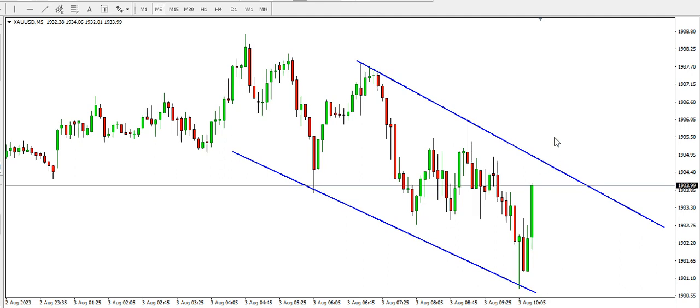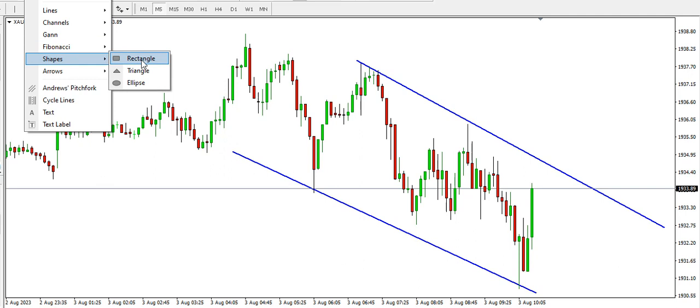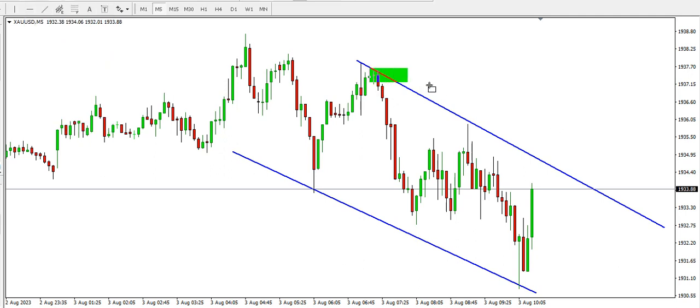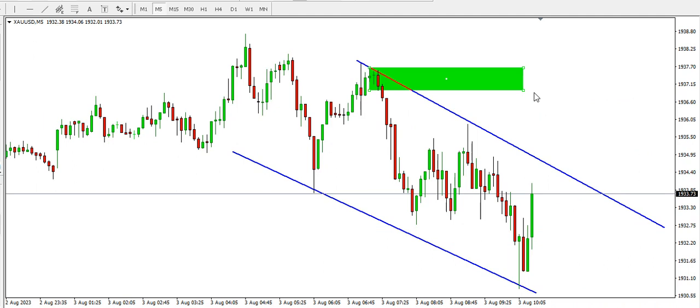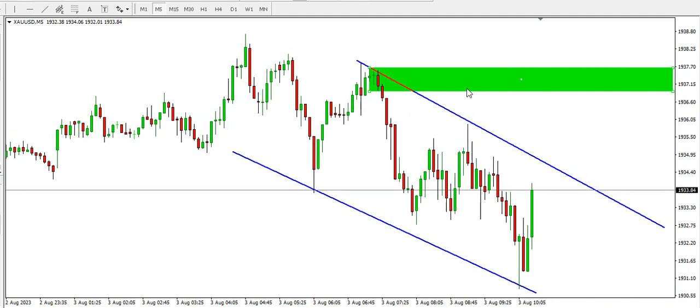On a break above this trend line, buyers may meet some supply around here, where sellers will step in and push price further down at this particular order block.